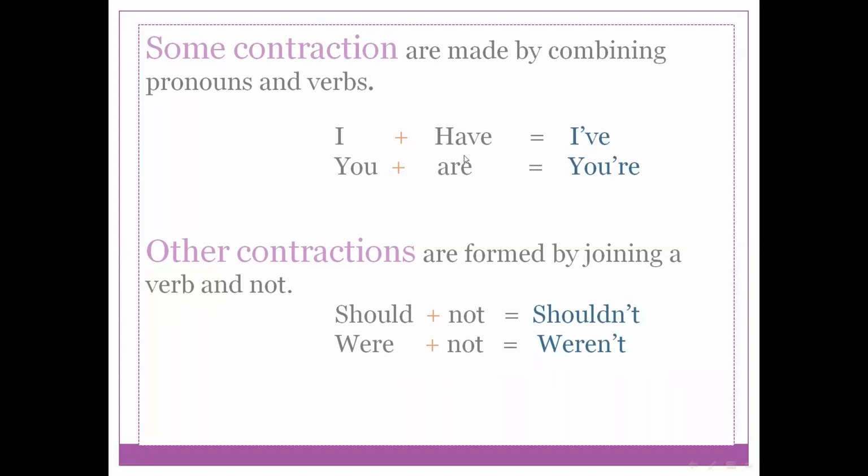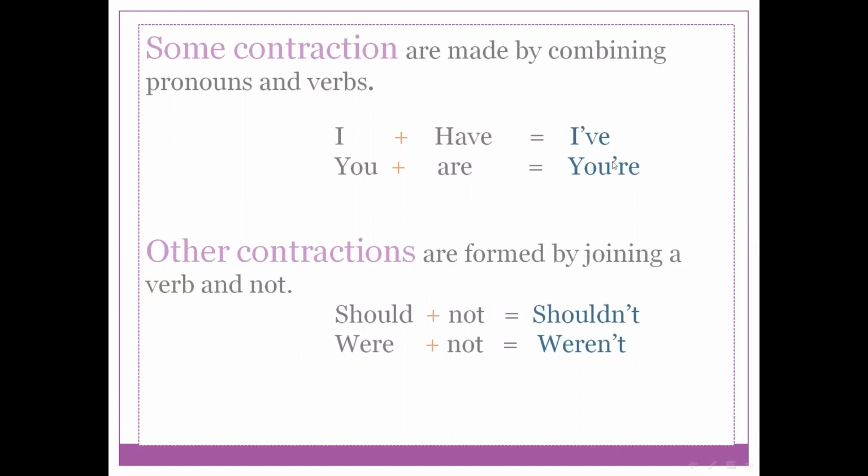I have will become I've. Here, I left out the H and A, and instead I will put an apostrophe. You are will become you're. Here I left out the A and put an apostrophe instead.